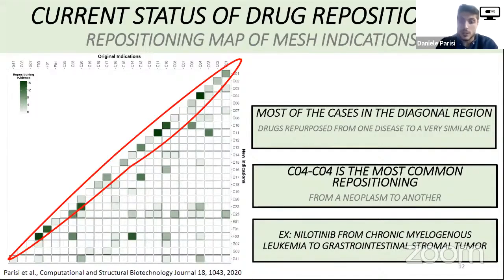An example is nilotinib, which is a kinase inhibitor that has been repurposed from leukemia to gastrointestinal stromal tumor. That falls inside the same MeSH category and has been considered by us a kind of disease indication-based repositioning.